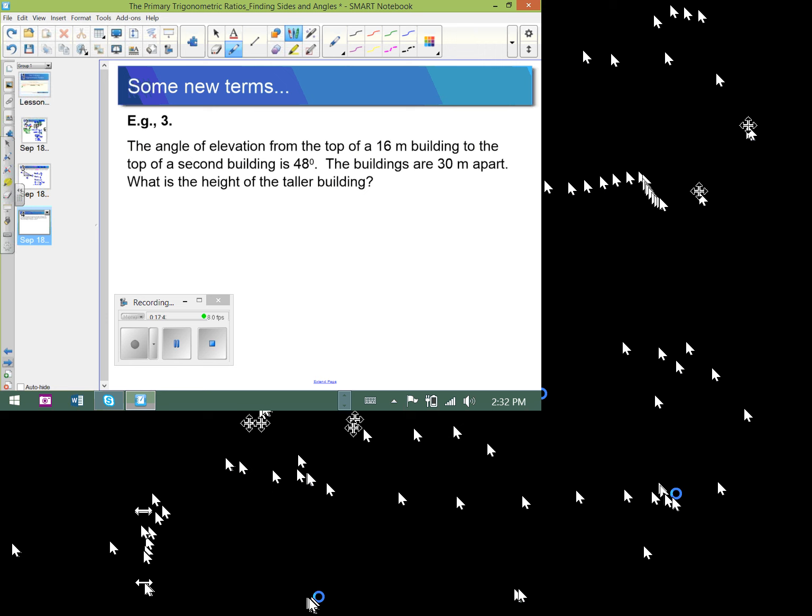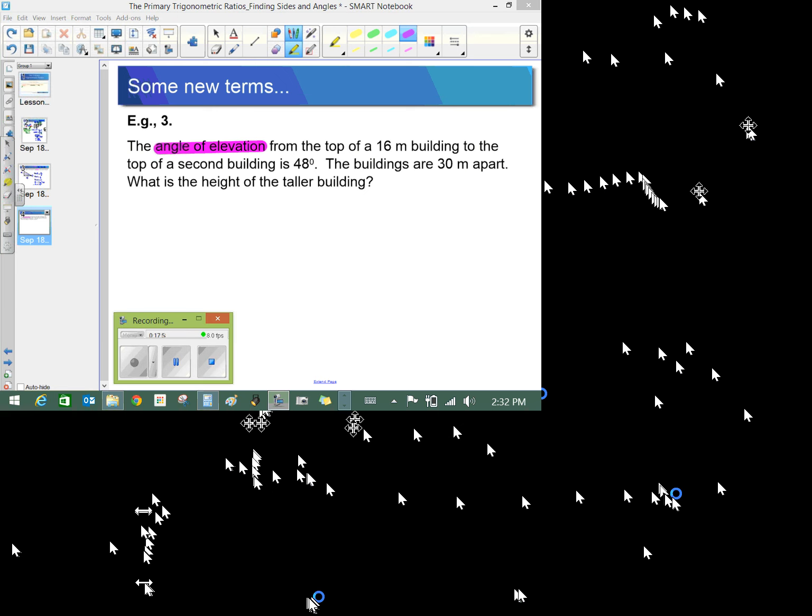But there are two terms I need to help define, and/or you could look them up online. Okay, so there are these things called angles of elevation and angles of depression. Okay, so we won't solve this question, but what we will do is sketch what these look like.